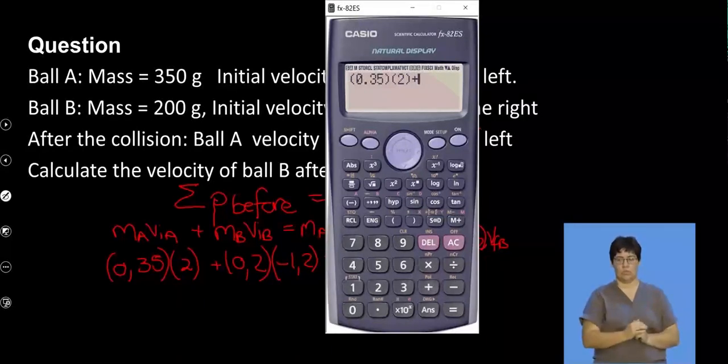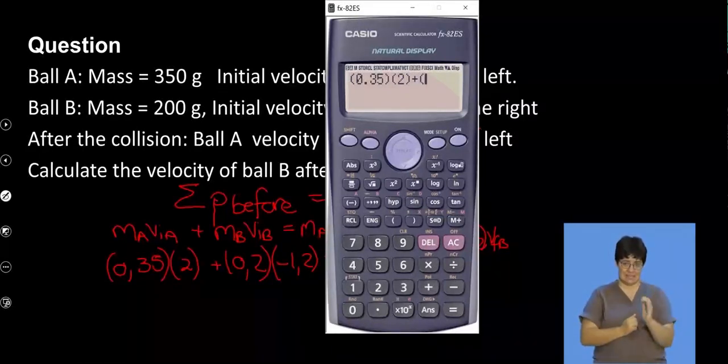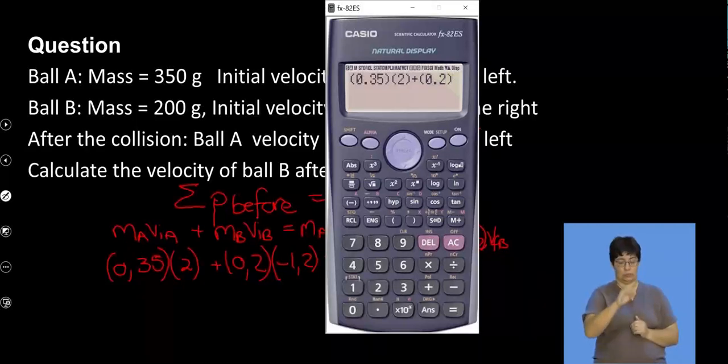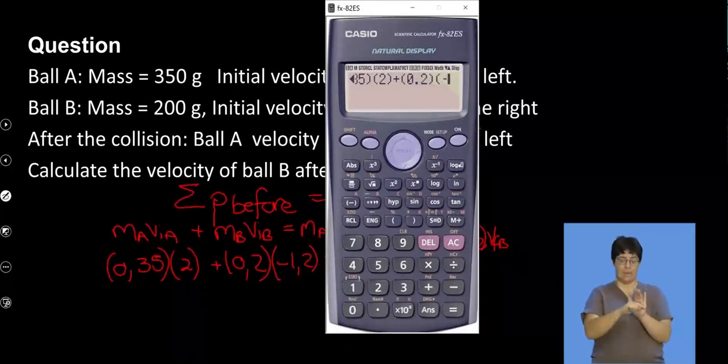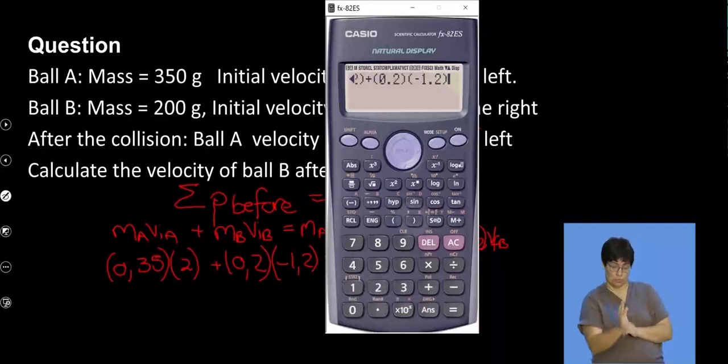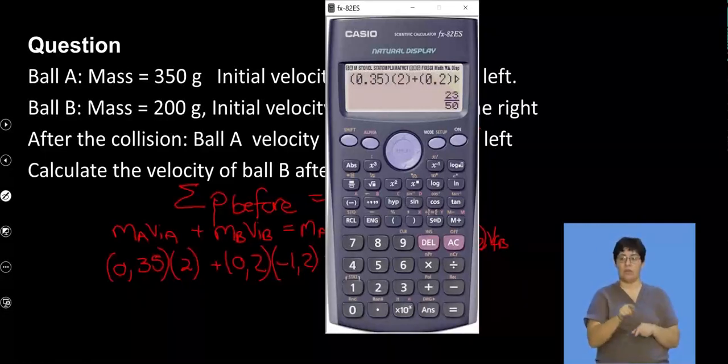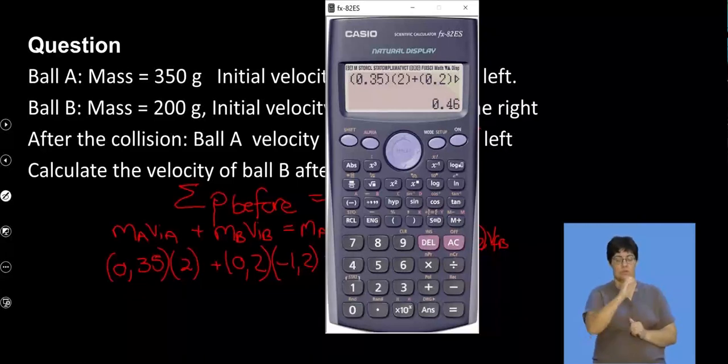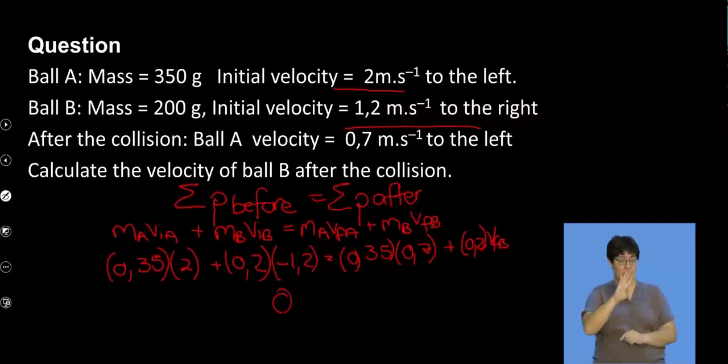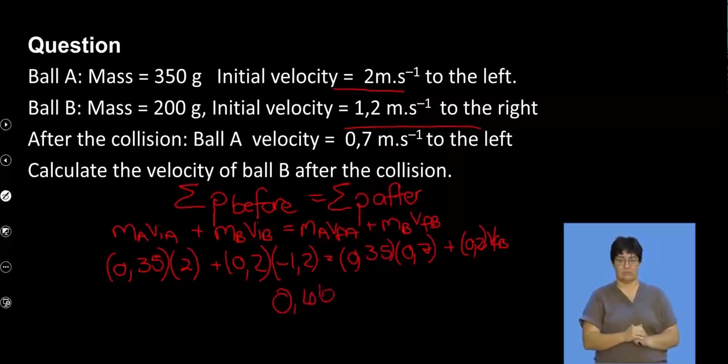Then I'm going to add to it 0.2, and that is times by minus 1.2. And what do I get? Fraction. We can't use a fraction. It's positive 0.46. Okay. Oof, there you go. I think you can read that.